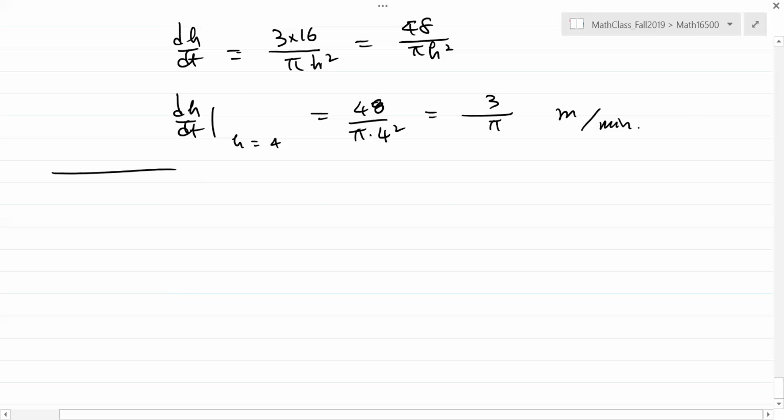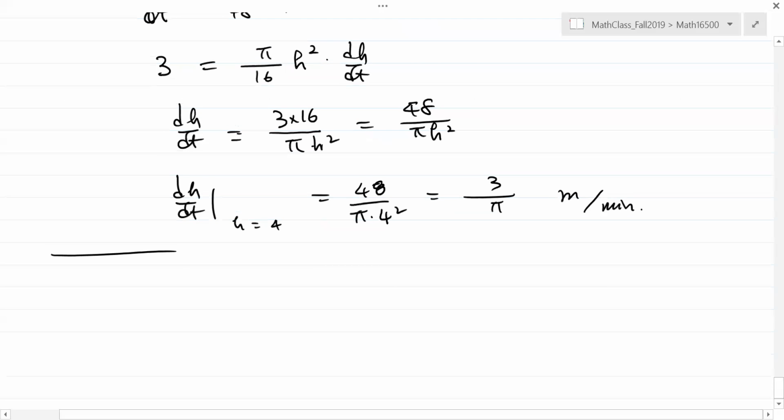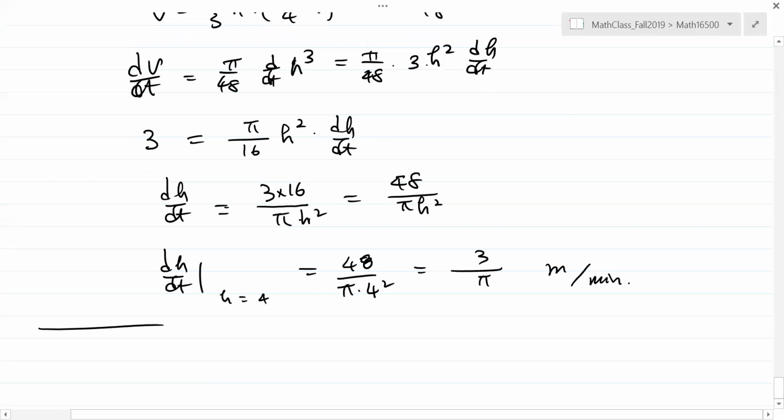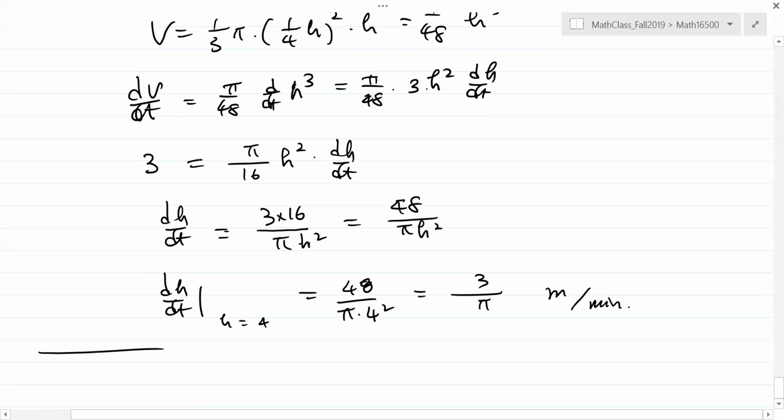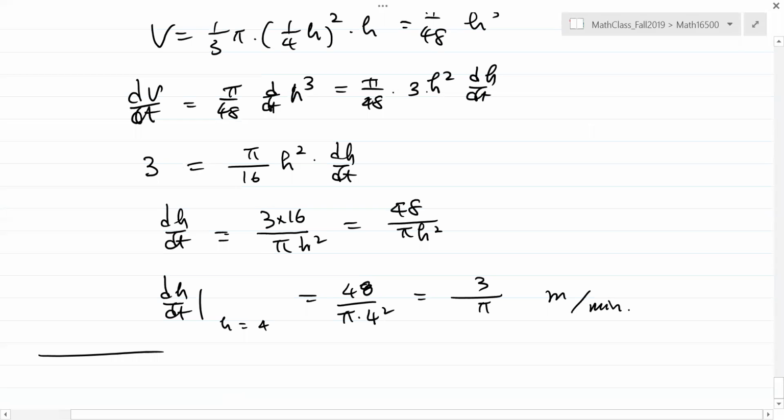For this one, why did we take this R by 2? Like when we were finding the H, we took it as R by 2 is equal to H by 8.